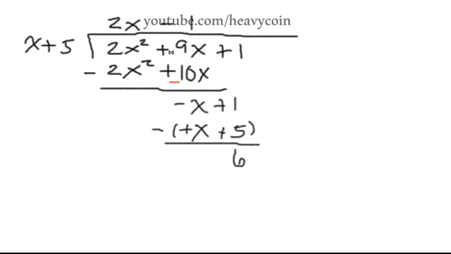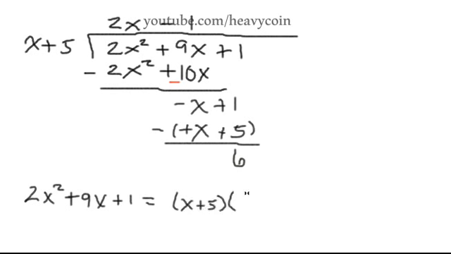Now let's take a look at this. I'm going to write this out: 2x squared plus 9x plus 1. This is how to check your work. It's going to be x plus 5 times 2x minus 1 plus 6.